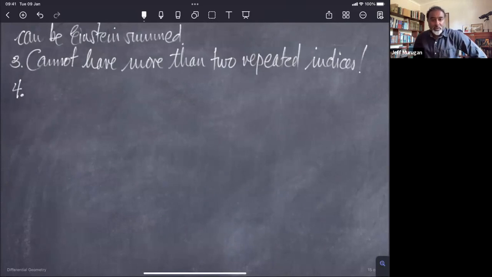And then finally, if any of these conditions are violated, we don't have a valid tensor equation on our hands. So you can certainly write down an expression, but that does not mean that that expression makes any sense. When I say you don't have a valid tensor expression, what it means is that that expression will look different in different coordinate systems.